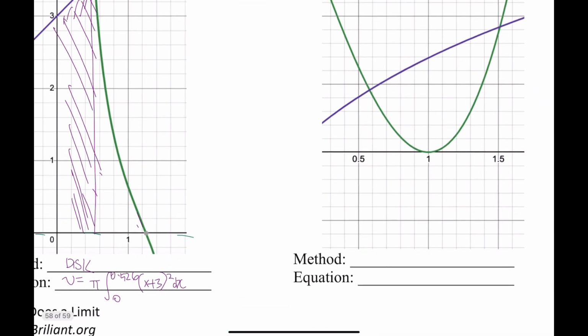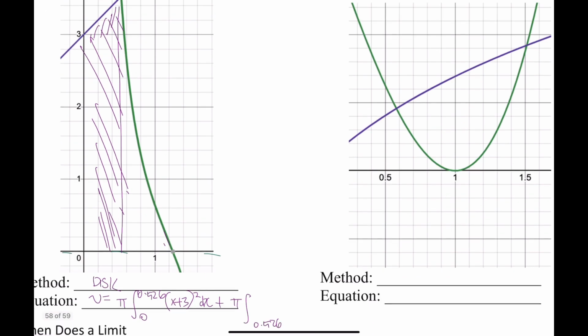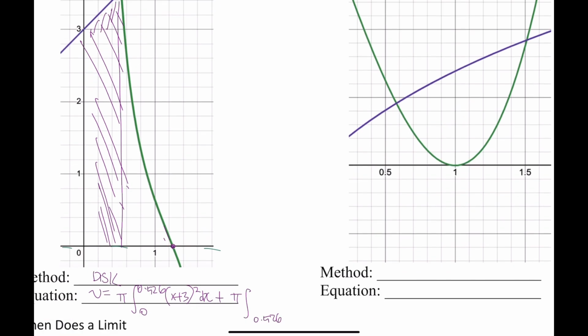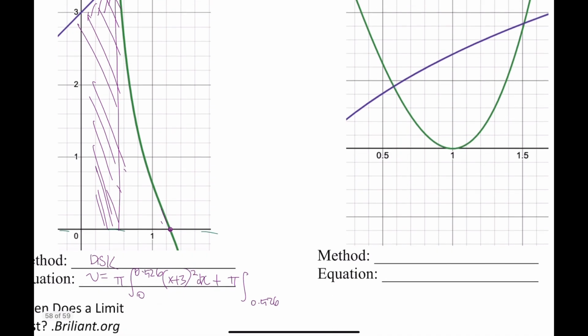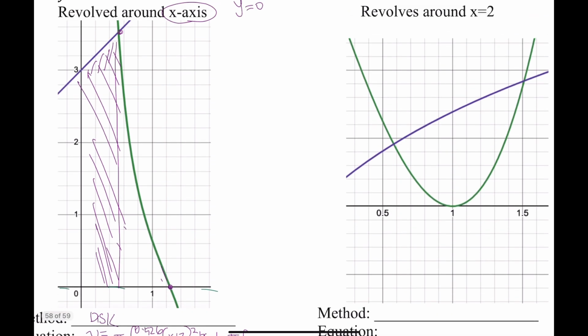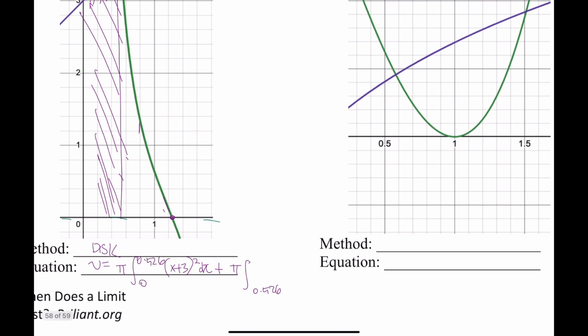And then we're going to do plus pi, from 0.526 to whatever this point is, where it's going to end up here. The purple function doesn't affect the volume because it's only under the green function, so we have to do this separately.